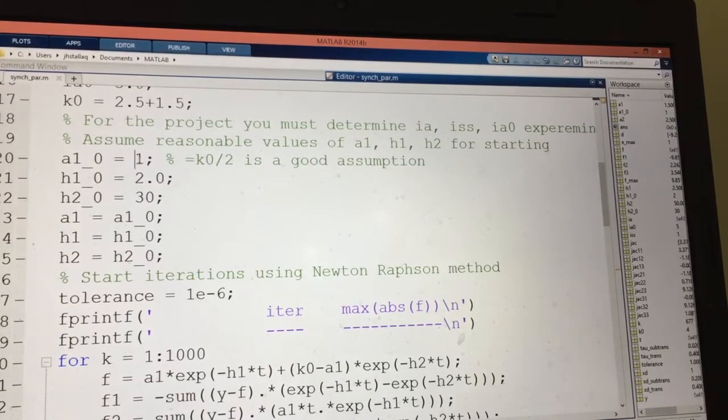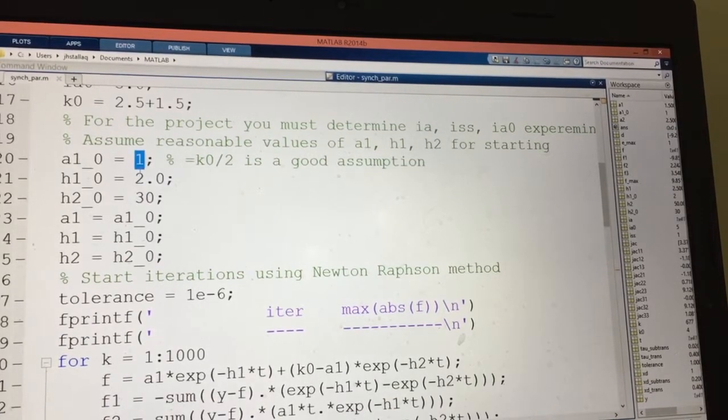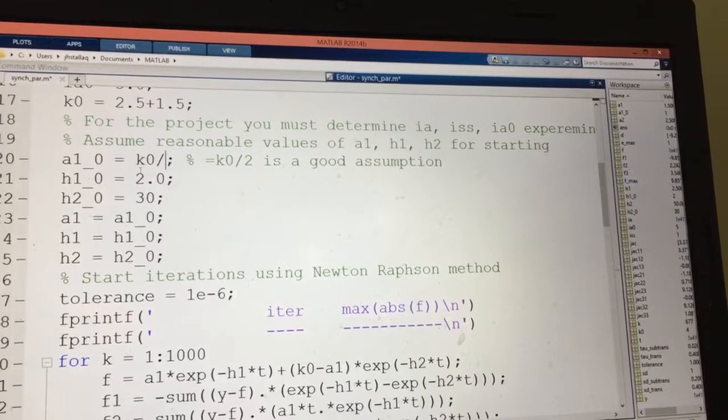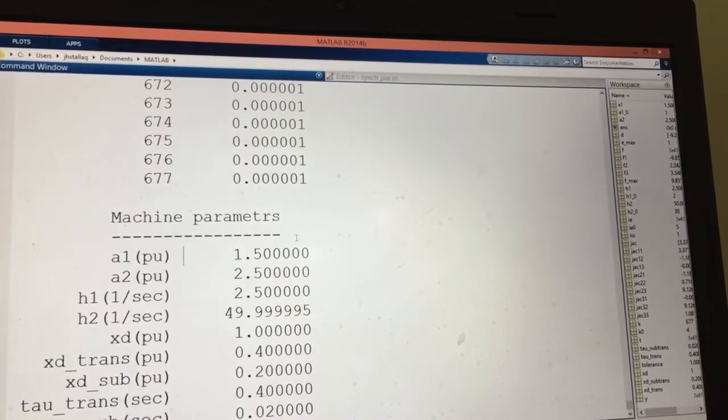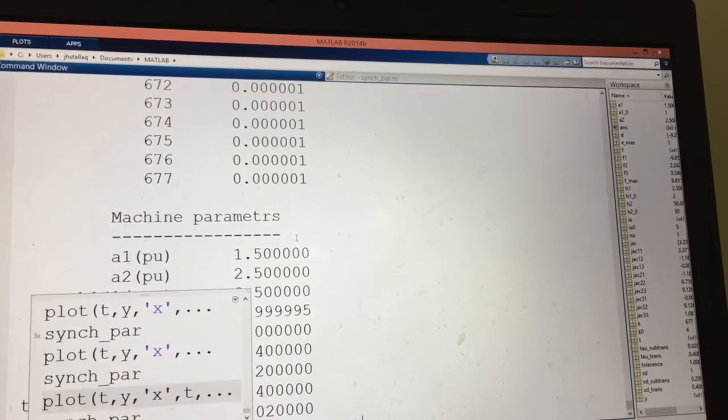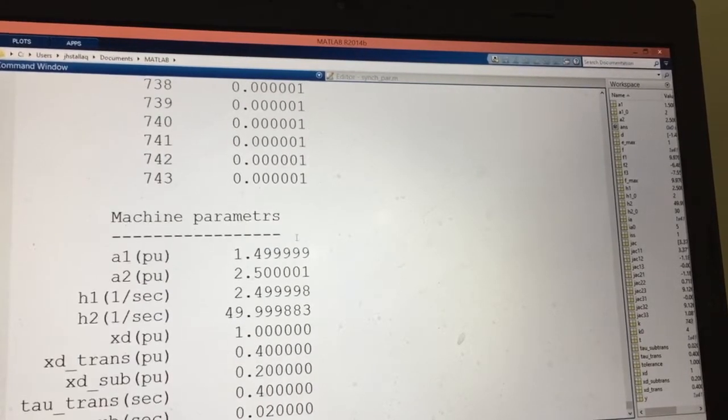But if you start K0 over 2 and do it again, you see, it's successful, but it took 743.